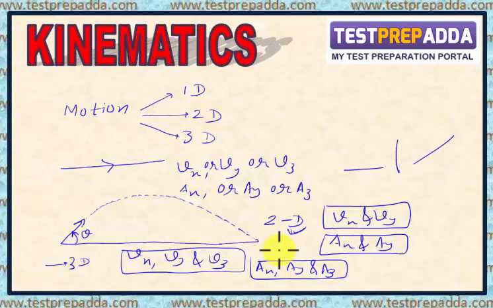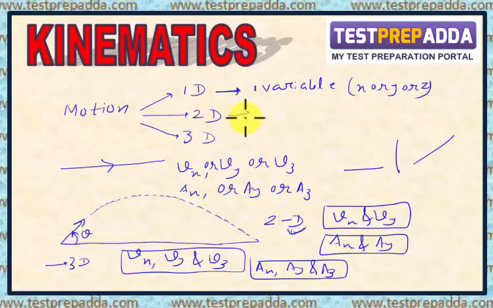Now, the conclusion is for one-dimensional motion, we require one variable, or this is described by one variable, x or y or z.